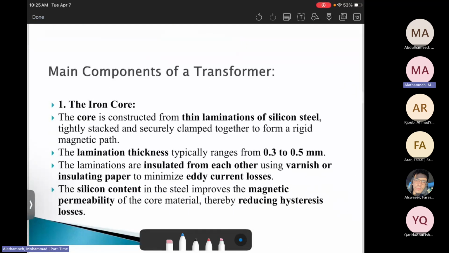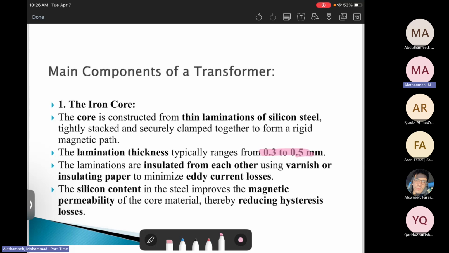Now, the main components of the transformer. There is the iron core, which is constructed from thin laminations of silicon steel, tightly stacked and securely clamped together to form a rigid magnetic path. The thickness is very thin, 0.3 to 0.5 millimeters.